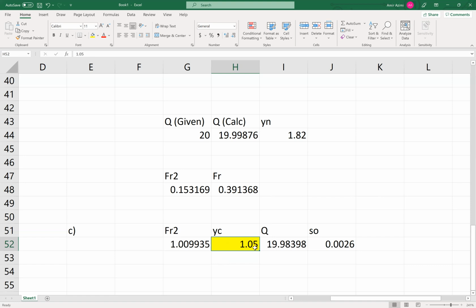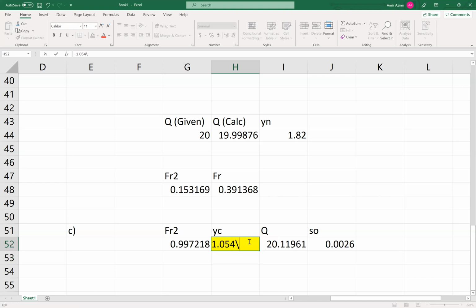If I want to make this even more accurate, I have to slightly reduce the critical depth, maybe 1.049. No. Maybe 1.05 is good enough, yes. 1.051, 1.052, 1.053, 1.054, yes.